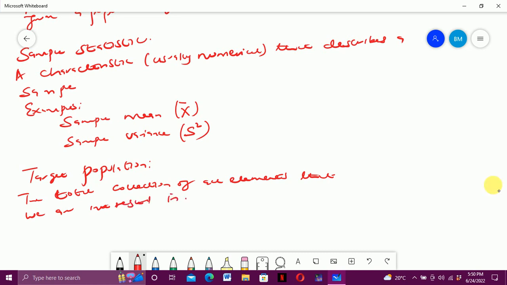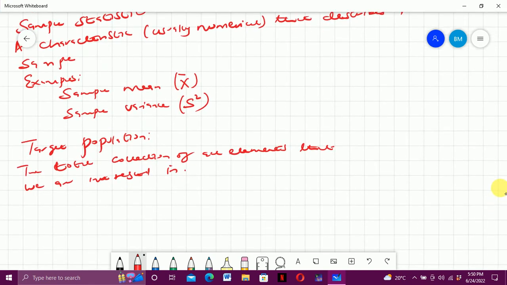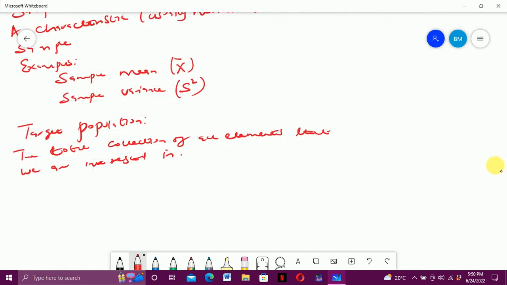So that's another terminology that we use in statistics.